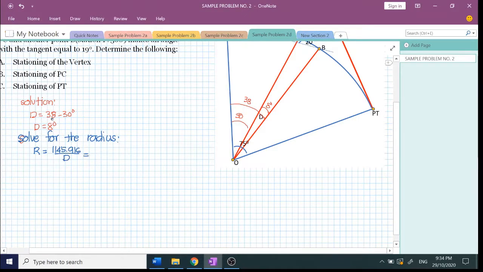So kapag sinubstitute natin yung value, we have 1145.916 divided by 8. And that we have here our radius equal to 143.2395.